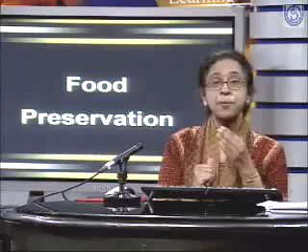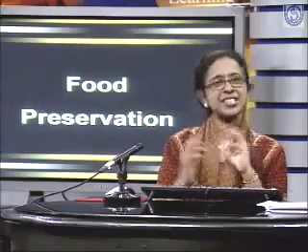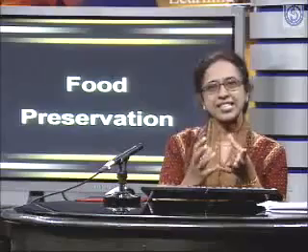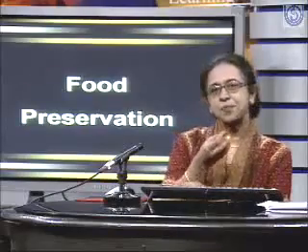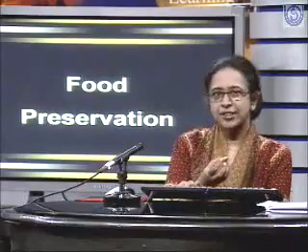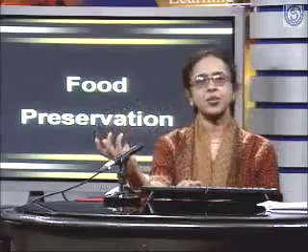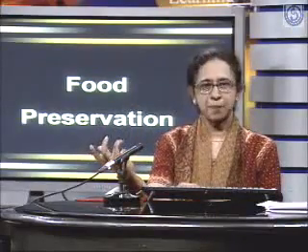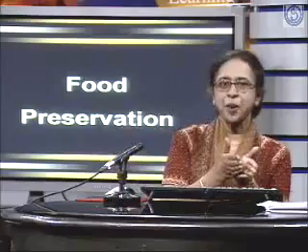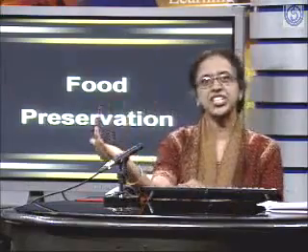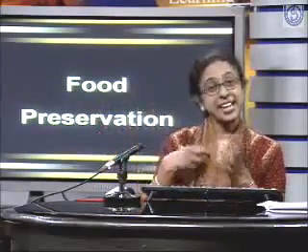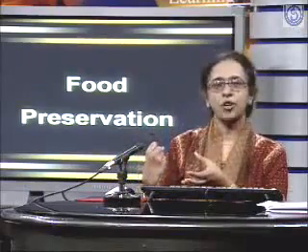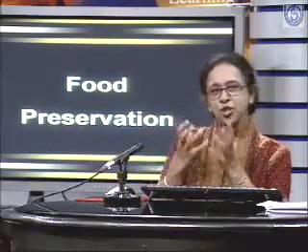We also have other types of interesting processes. For example, freeze drying. This is a combination really, where the frozen food is placed in an atmosphere where the frozen water in the food directly gets converted into water vapor. This is called the process of sublimation, directly from solid ice to gaseous water vapor. So this is another process by which drying can take place: you remove the water from the food using the process of freezing.